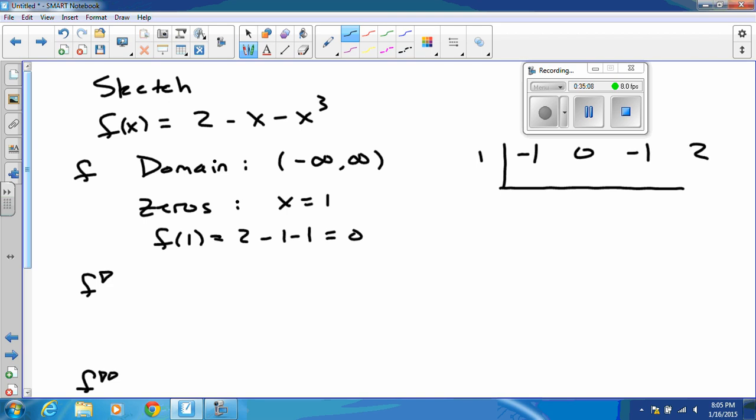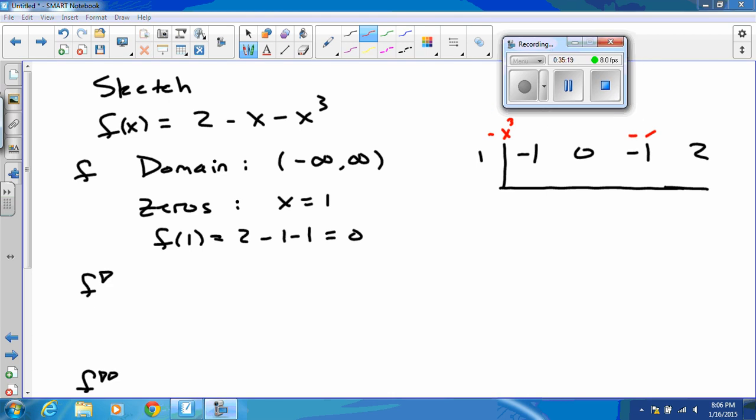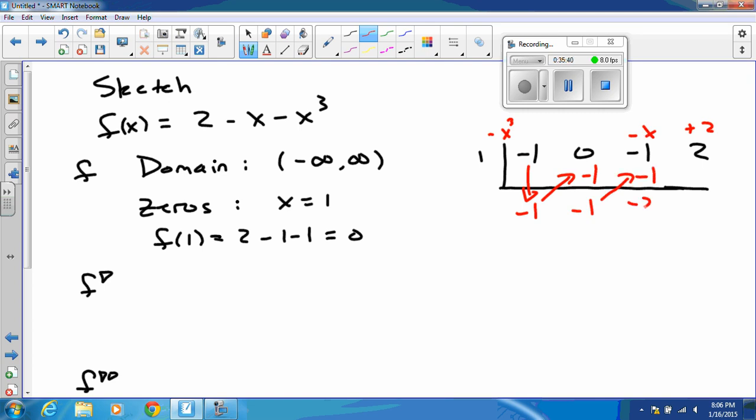So I have a zero for f, which is x equals 1, and I can possibly find other zeros by factoring out x equals 1, which I'm going to do with synthetic substitution. Remember that with synthetic substitution, you line up your coefficients in order. This is the coefficient of x cubed, this is the coefficient of x, and this is the constant 2.